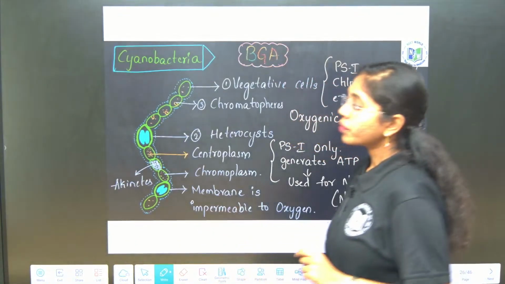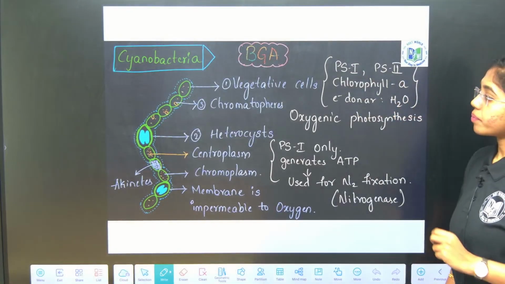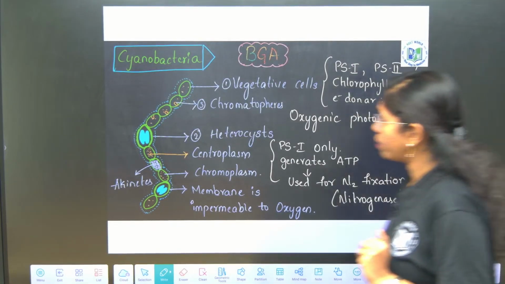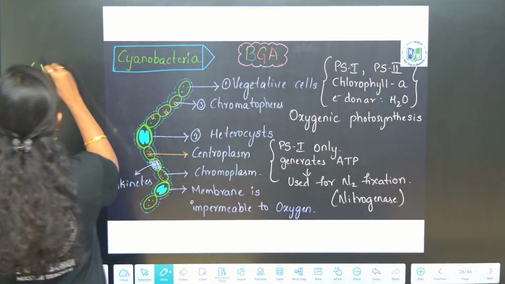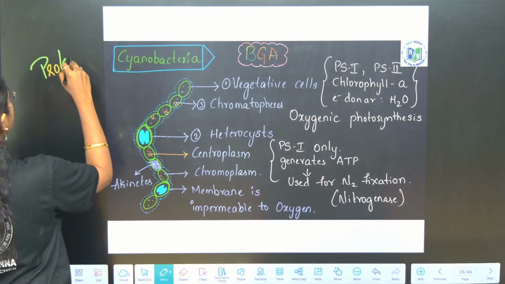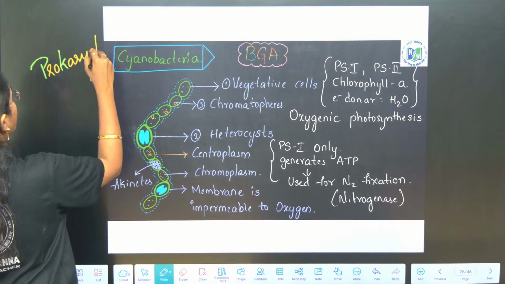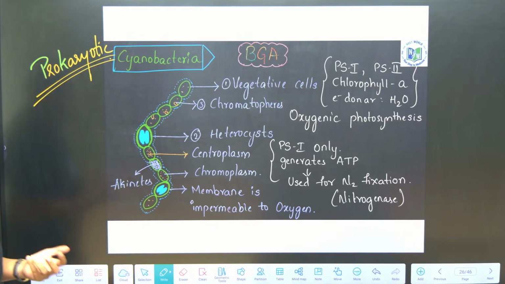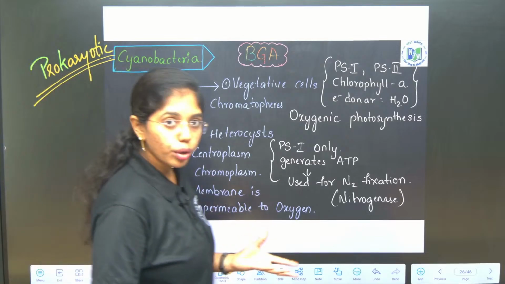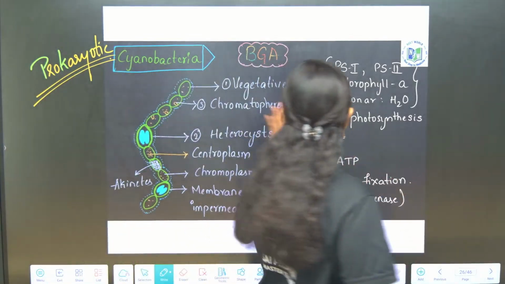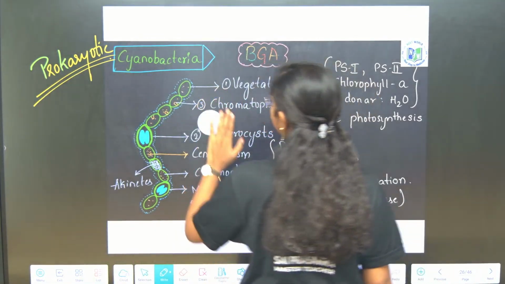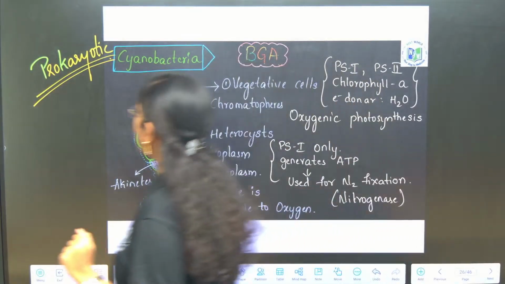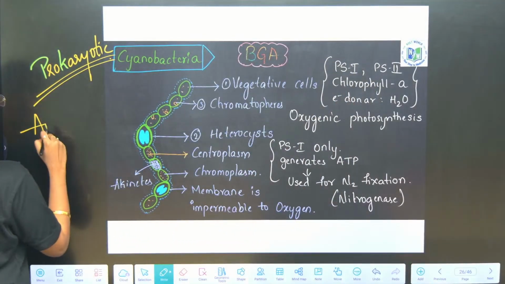Here we go. Cyanobacteria, blue-green algae, which is prokaryotic. This is a prokaryotic cell. Cyanobacteria can be unicellular, colonial or filamentous, but here the model example we have taken is a filamentous cyanobacteria like Anabaena or Nostoc.